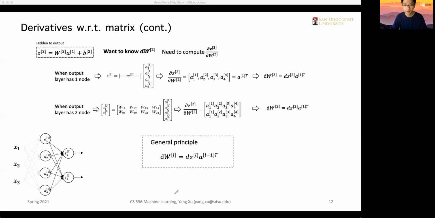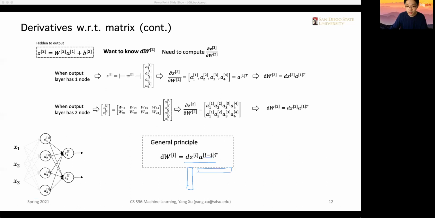So this equation on the right is essentially the multiplication between two vectors. And you can think of a vector as something similar to a matrix. But the DZ here is a long thin column vector, while a L minus 1.